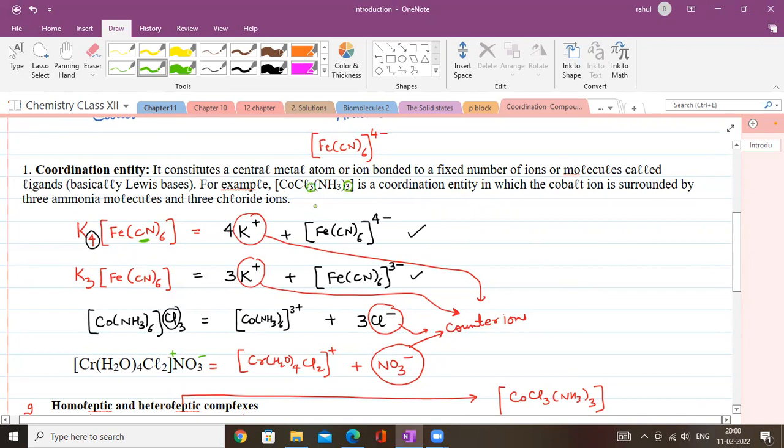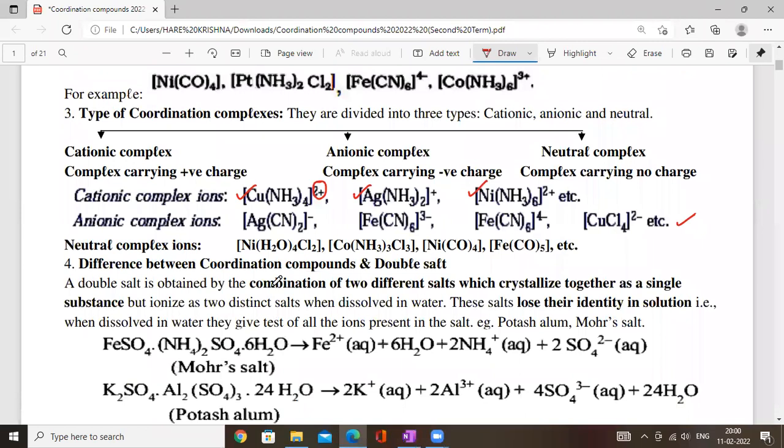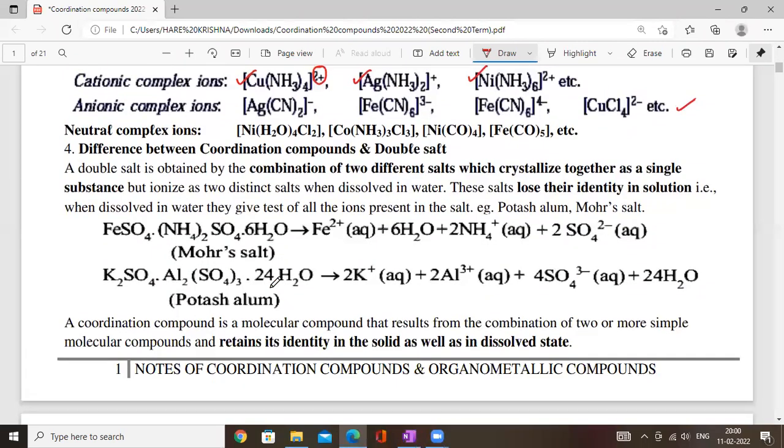So that's a coordination entity. Now, the most important thing right now is, why did I take up the ionization of this? I took up the ionization just to show the difference between the coordination compound and the double salt. As I said in the beginning, a double salt is obtained by the combination of two different salts, which crystallize together as a single substance. But when you dissolve them, they lose their identity in the aqueous solution.